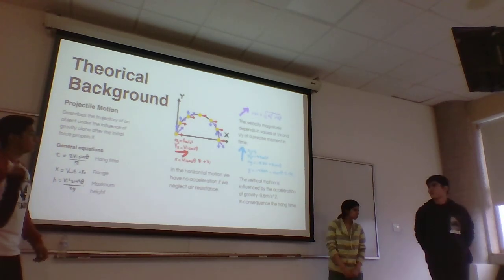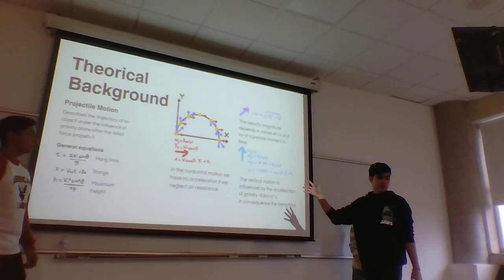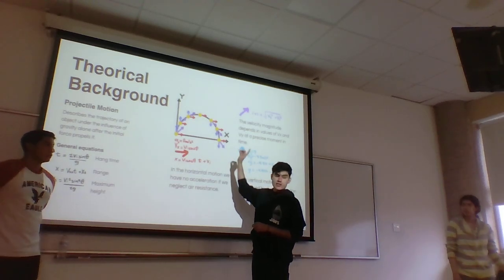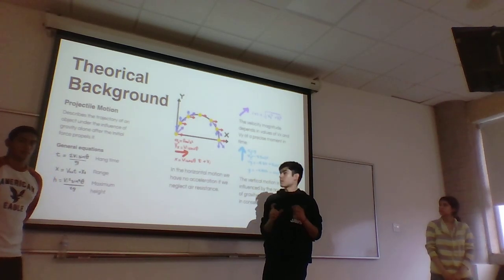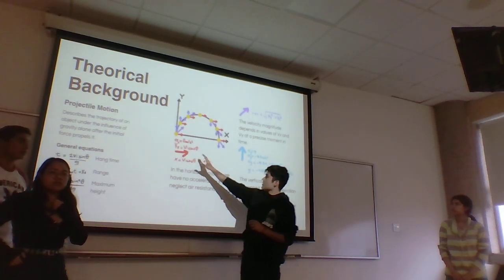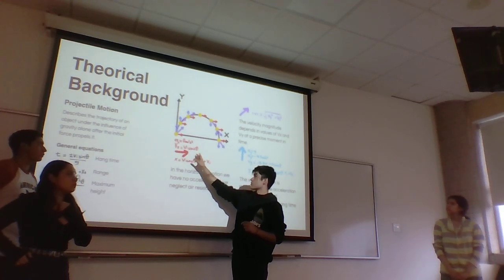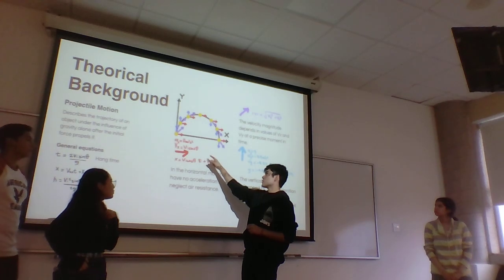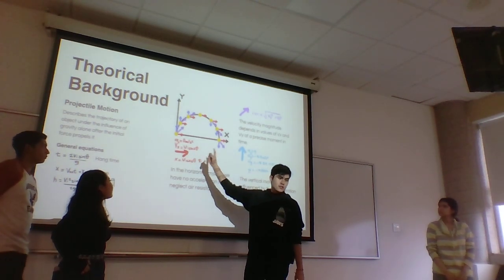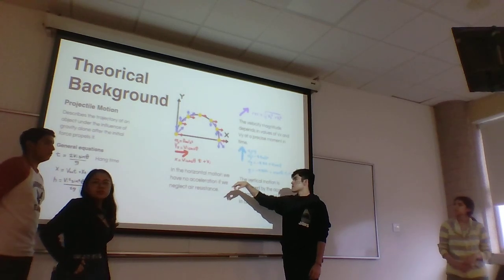Okay, so we are going to talk about the theoretical background of these catapults. Here we can see the movement and the velocity vectors that the projectile has during its flight. Here the acceleration in x is 0 meters per second squared. Then the velocity in x is initial velocity times cosine of the angle.